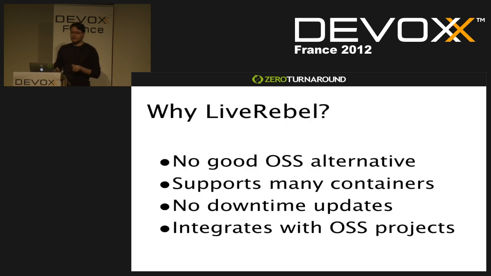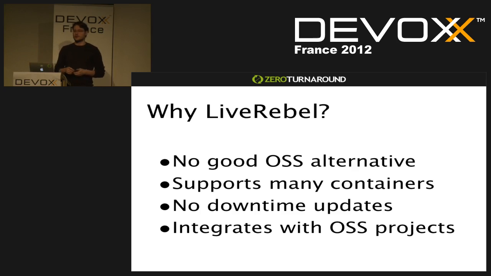So why LiveRebel particularly? Well, there's not really a great open source alternative. It supports all containers. It supports no downtime updates. It integrates with OSS projects like Jenkins and some commercial projects as well. The alternatives available in open source, like Cargo, Capistrano, basically leave you stuck with the bindings that containers provide, like Ant or Python or Maven or whatever bindings.